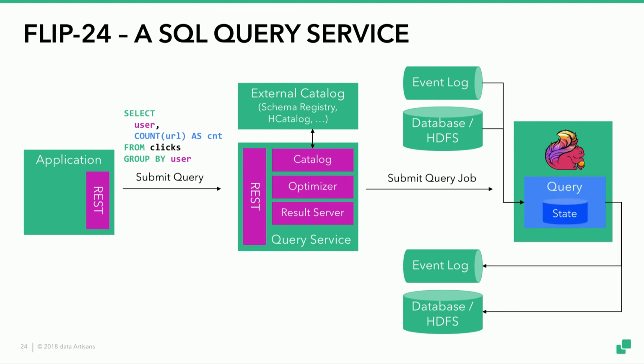Flink then runs this job and outputs the results to an event log or database. And since the query service knows the query, it also knows how this result has been written out by Flink into, for example, the database. So it can provide a way to serve the results back to the application.